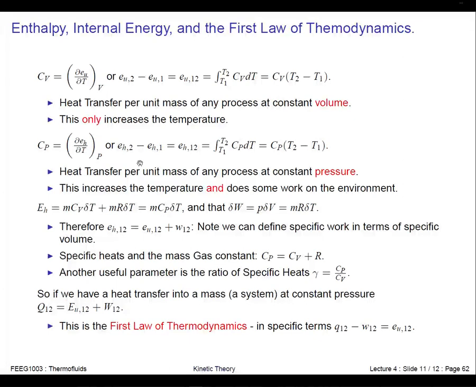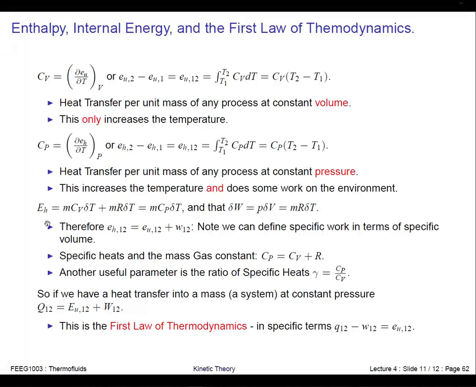And I can do the same with the enthalpy. So if I wanted to increase the temperature of the gas from T1 to T2 at constant pressure, it's this amount of energy I need to add, and we have the same nomenclature over here. Okay. So this allows me to come up with an energy conservation law.